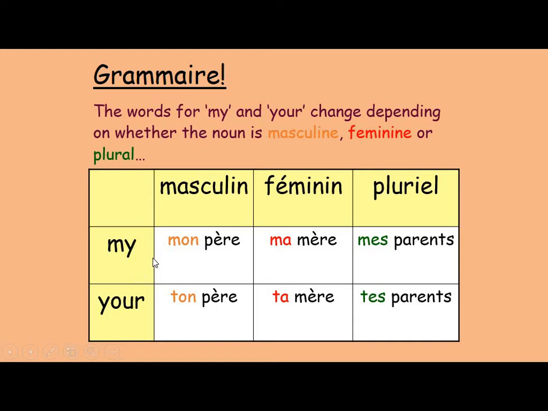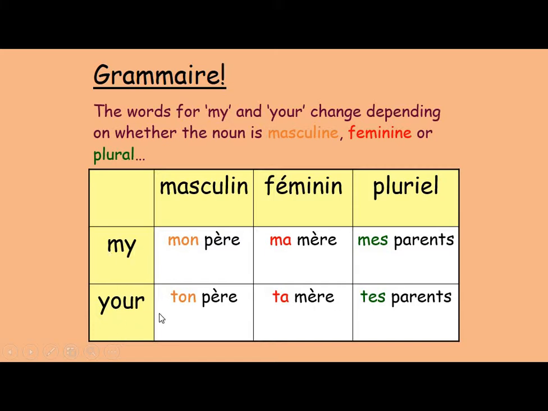You did a little bit of work on this in lesson 2, focusing on the use of the word my, so mon, ma or mes. Today I'd like you to focus on your. So there's only one spelling difference, it's the fact that the M's change to T's. So instead of mon, ma, mes, meaning my, we've got ton, ta, tes.